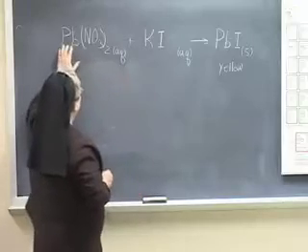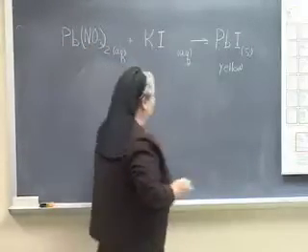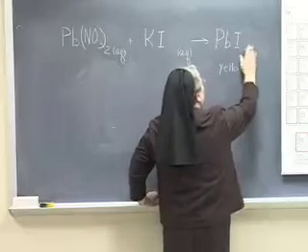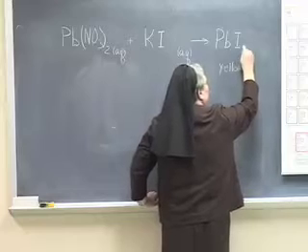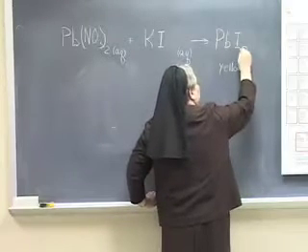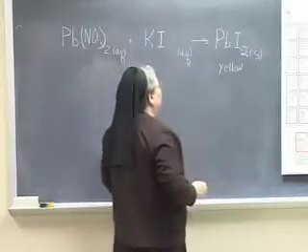So we have an exchange. The lead goes with the iodine to form lead iodide. Now, lead is lead Roman numeral 2, and iodide is -1, so I'm going to have to take 2 of them. Remember that system? And it is a solid. So I think I have it right.